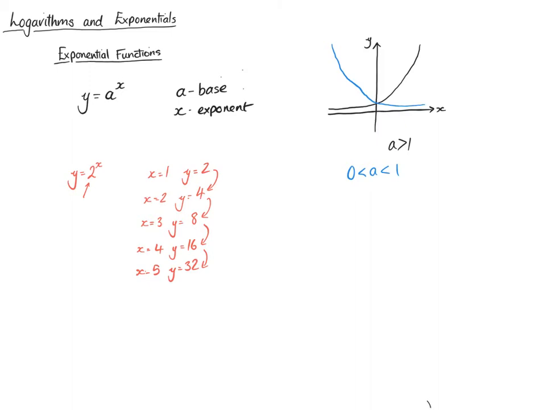One of the really important things with exponentials is the introduction of the letter e. And y equals e to the x is a really specific function, used a lot in maths, so you are going to see it a lot. e is just a number.